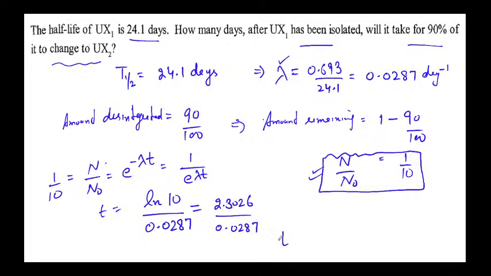So T comes out to be equal to 80 days. So in 80 days 90% of the substance UX1 will decay and 10% will remain. So this is almost the same question, but there is some sort of change or trick in every statement. So you need to understand the statement in order to solve such problems.